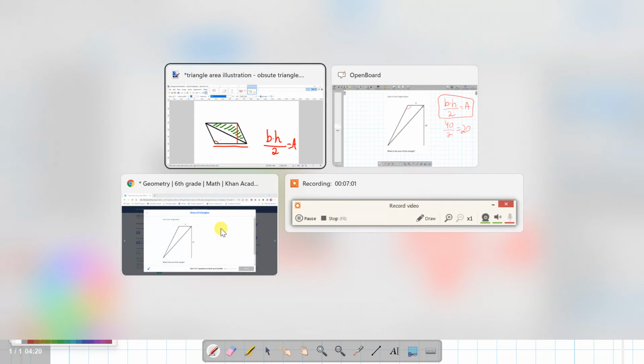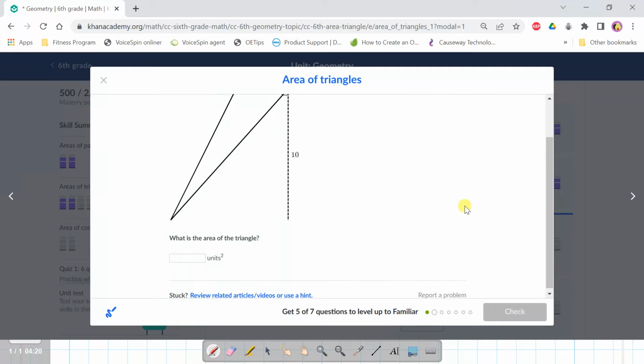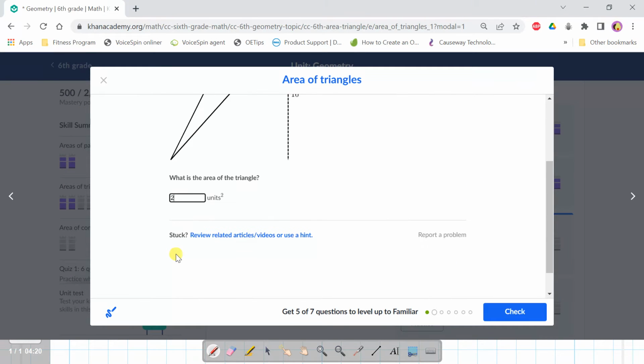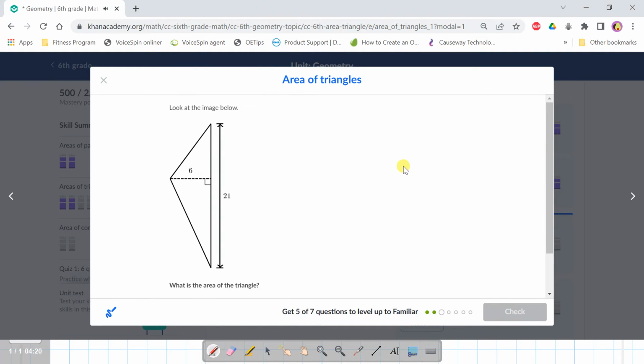Okay, so the answer for the question with these parameters is 4 times 10, which is 40, divided by 2 is 20. Okay.